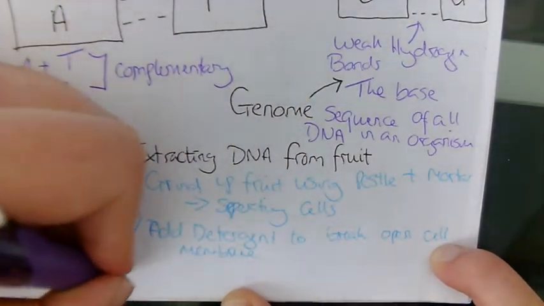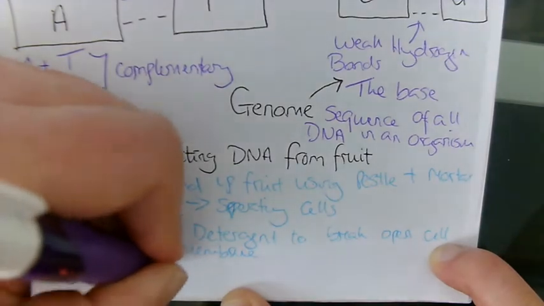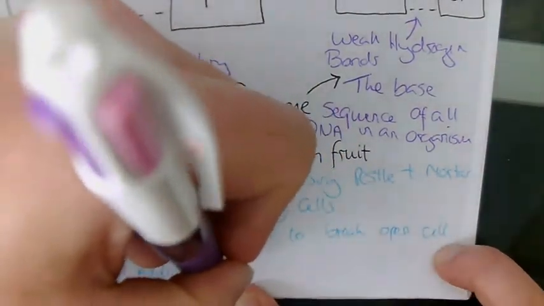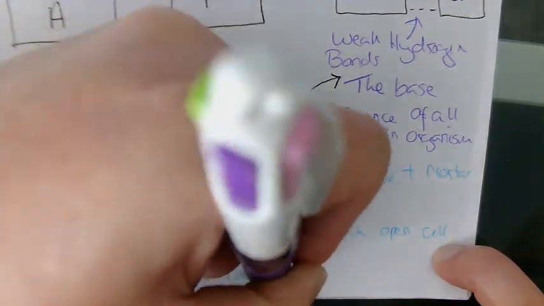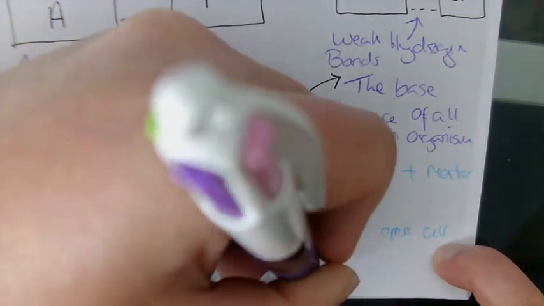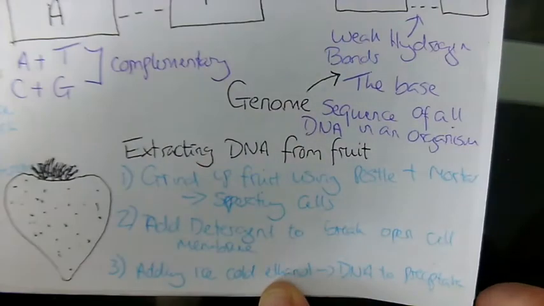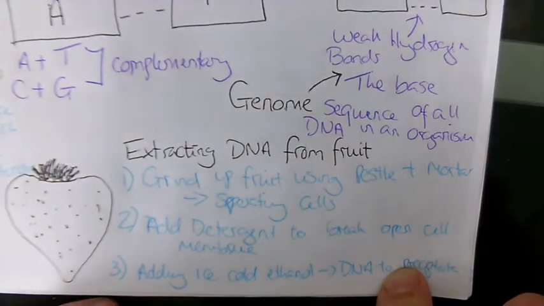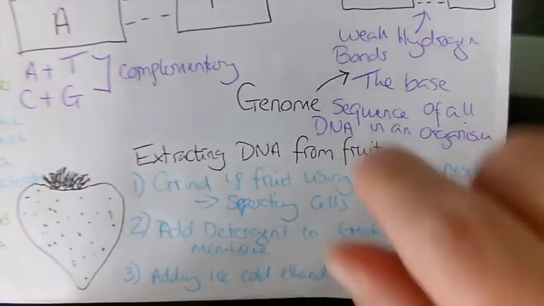And then the last bit is adding ice cold ethanol, which causes DNA to precipitate. You can then take that precipitate and put it onto a slide and look at it under a microscope.